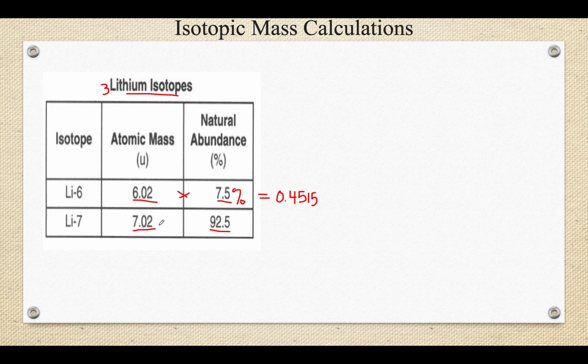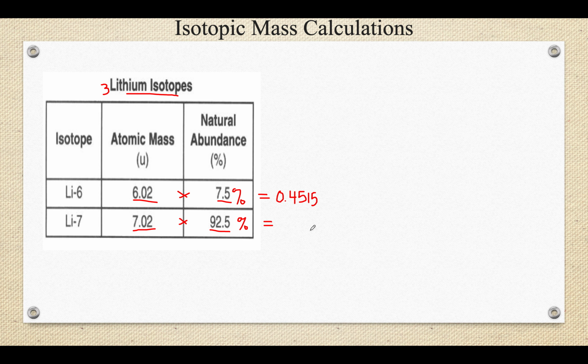And then for 7.02, if I want to calculate the mass that this lithium isotope contributes, I just multiply across the table. So 7.02 times 92.5%, just so I remember to convert to a decimal.